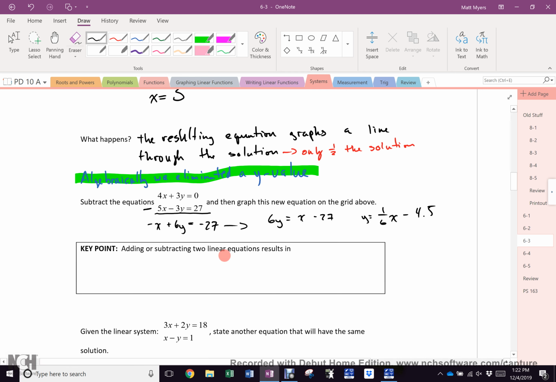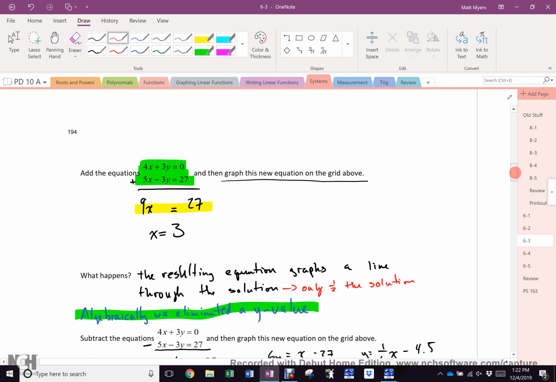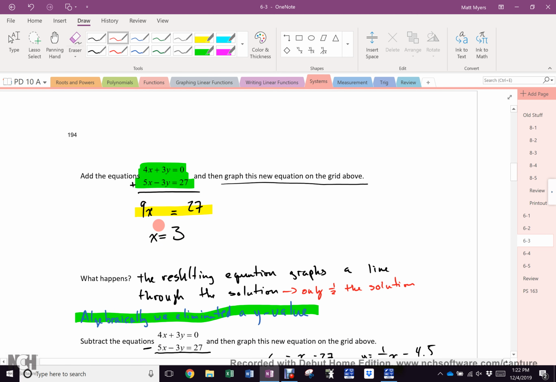It results in new equations, again, because we're changing them. New equations that can do two things. What's the first thing that they did? What happened in the first one? What did we do here? And what did it result in?